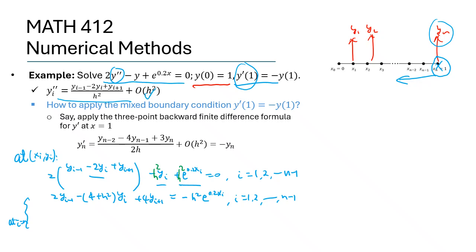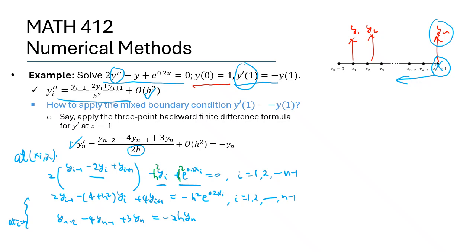Now you can use this one. Okay, we multiply each side by h, as y sub n minus 2, minus 4 y sub n minus 1, plus 3 y sub n is negative 2h y sub n.